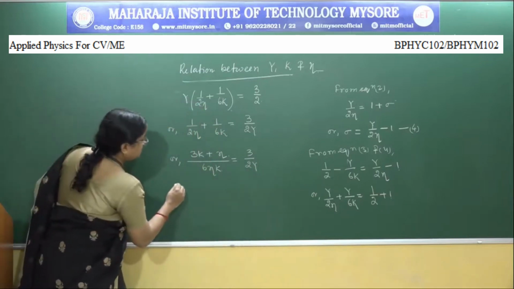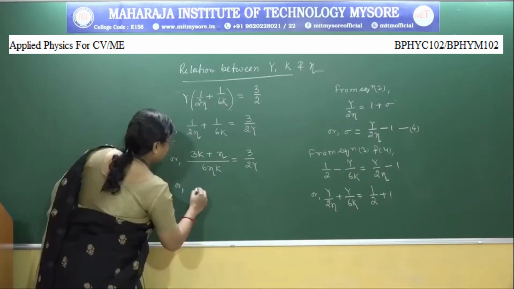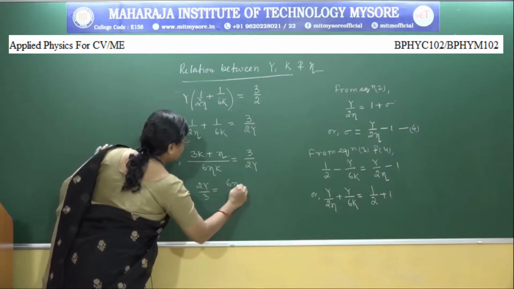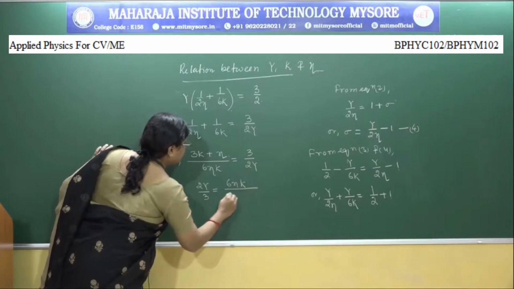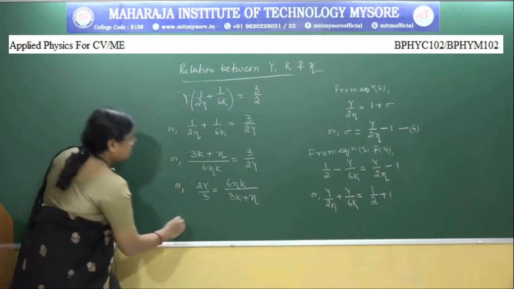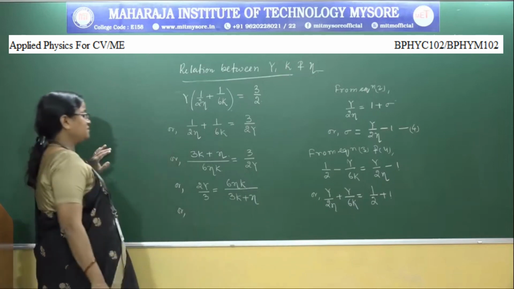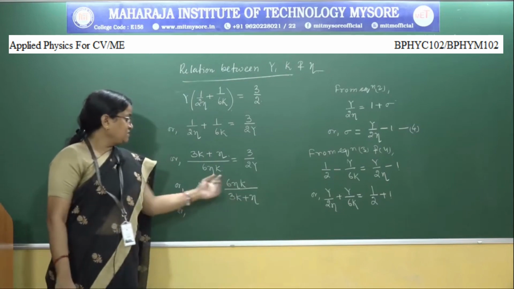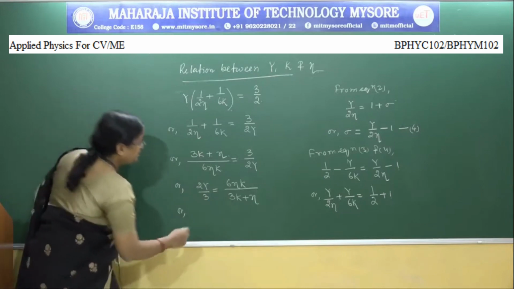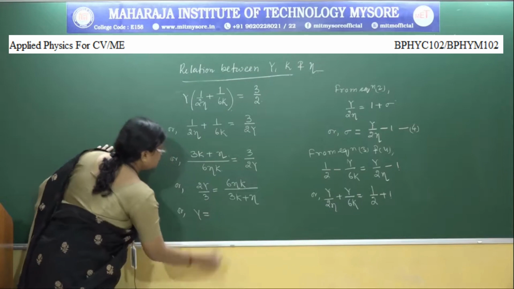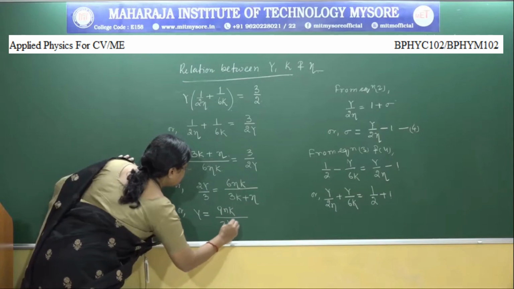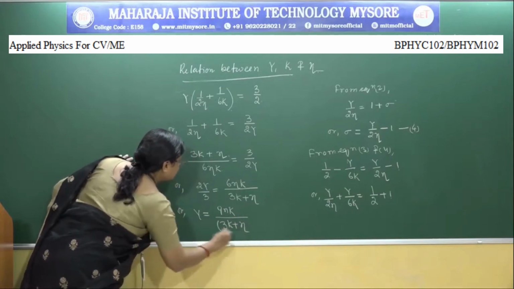Further, if we simplify, we just reverse the equation: 2Y by 3 will be equal to 6 eta k divided by 3k plus eta. So, finally, when we solve this equation, 2 will go to the denominator and 3 will come to the numerator. We will get Y is equal to 9 eta k divided by 3k plus eta.